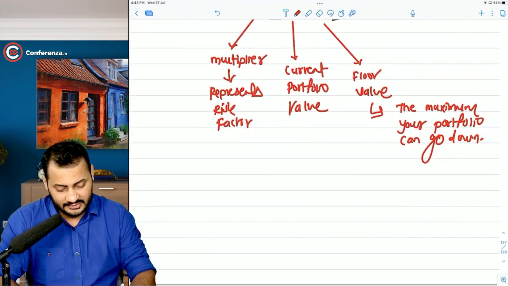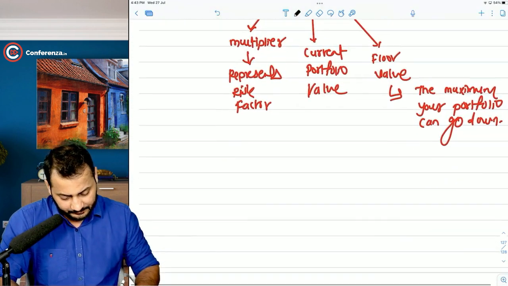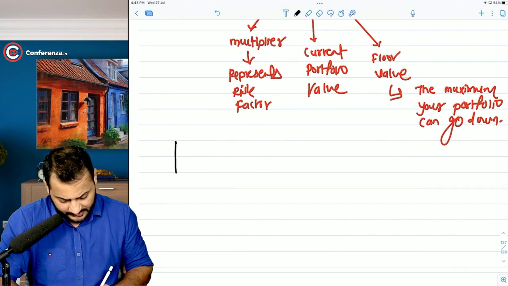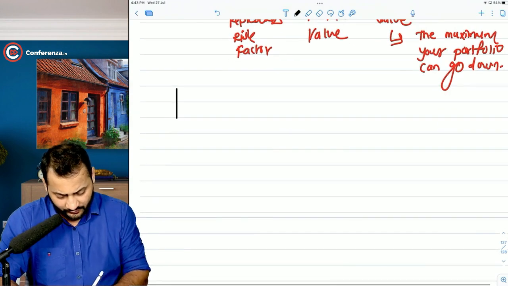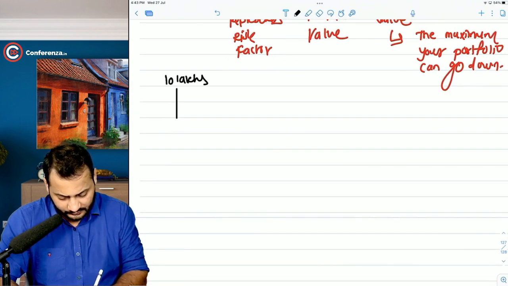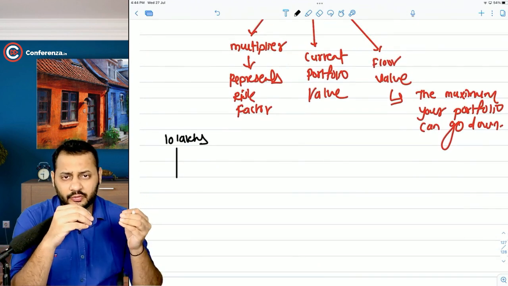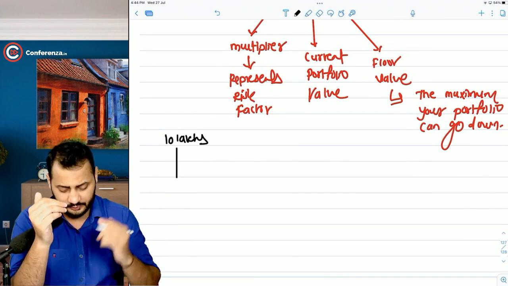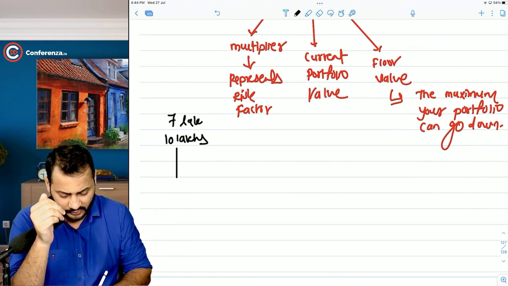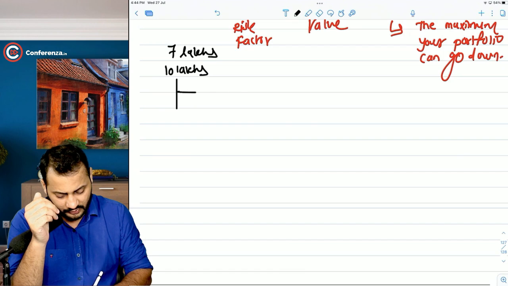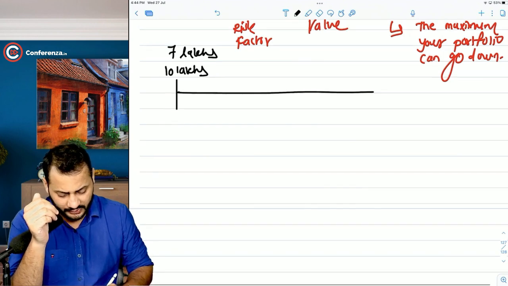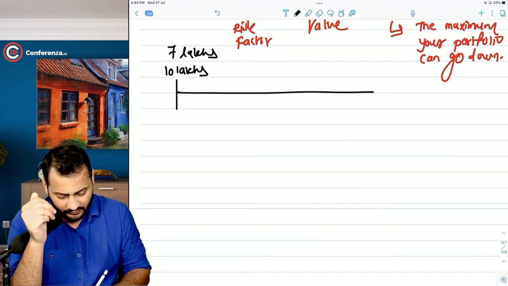Let's take an example. Let's say that you have 10 lakh rupees, and the maximum your portfolio can go down is 7 lakh rupees, the maximum loss that you can have. So to start with, what should be the equity value?